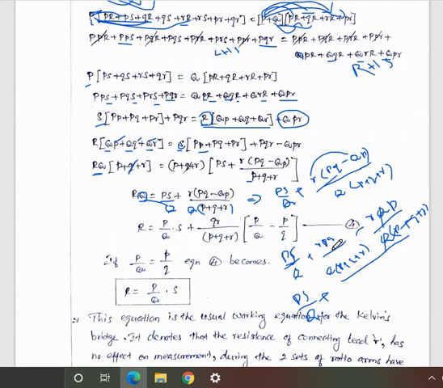But here R is available and Q is not available, so I have to multiply and divide by the value of Q.